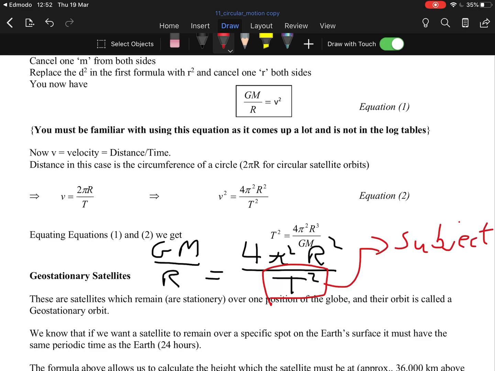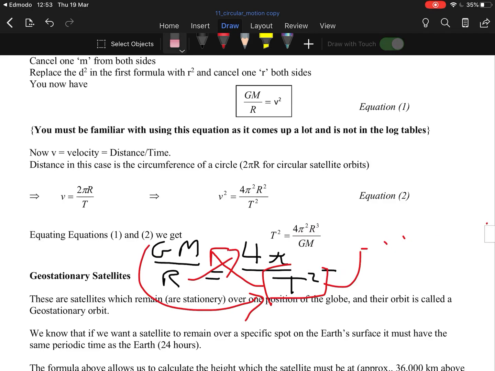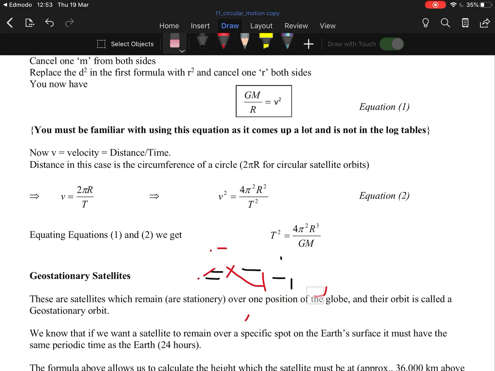So t squared has to become the subject of the formula, which means you multiply across by t squared, you divide across by GM, and you multiply up by r, hence why it becomes r cubed and GM go below the line. I know it's awkward, but I'll probably write this out mathematically on a sheet of paper, take a photo of it and put it up, and it might make more sense than trying to squeeze it in here.